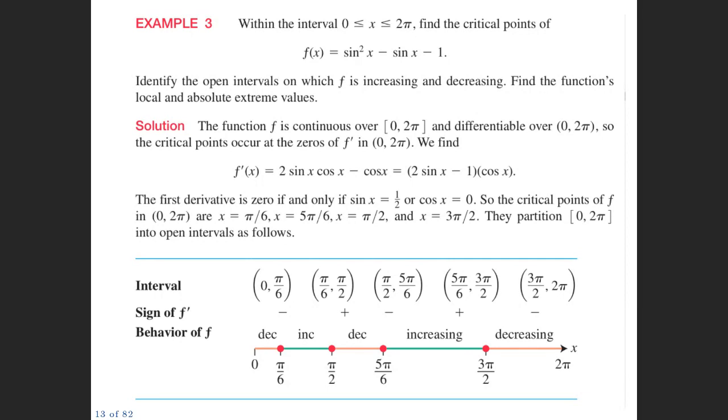So we have our closed interval from 0 to 2 pi, and we're going to be cutting this. We have 4 critical points, so we're going to cut this at 4 places, and we'll end up with 5 sub-intervals. From 0 to pi over 6, pi over 6 to pi over 2, pi over 2 to 5 pi over 6, 5 pi over 6 to 3 pi over 2, and 3 pi over 2 to 2 pi.